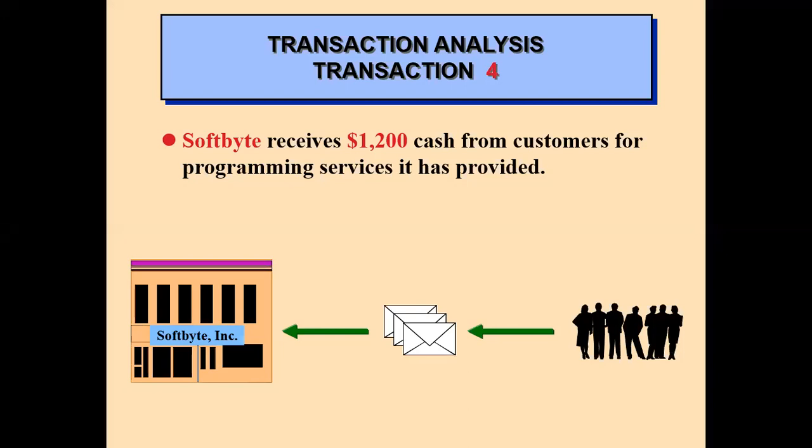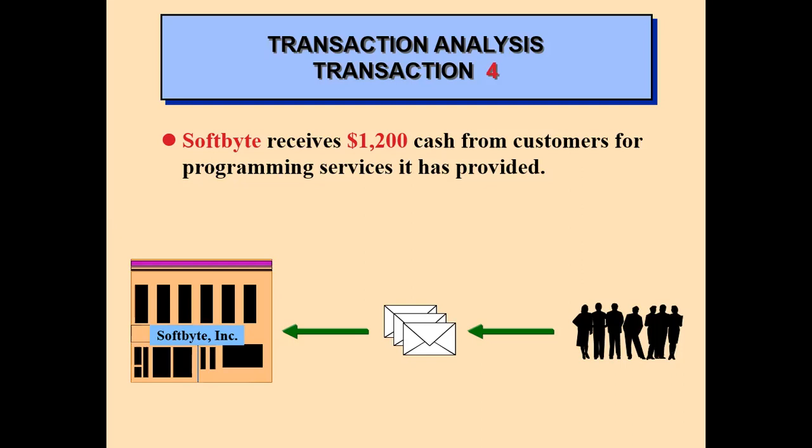So ShopBite, this is the company we are dealing with. They receive the cash, 1200 taka. So cash will increase, right? And they actually receive this 1200 taka for what?